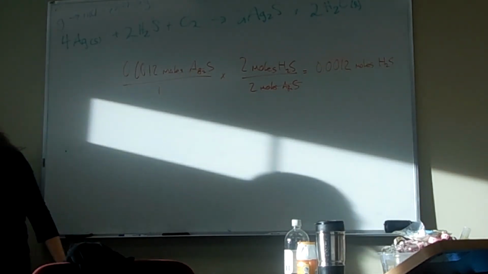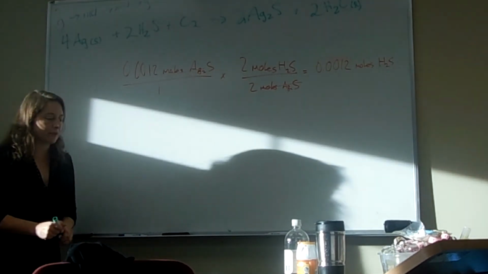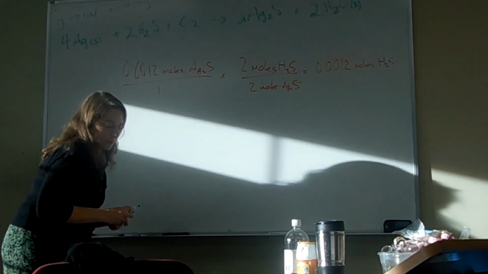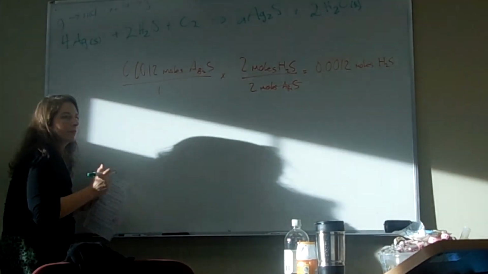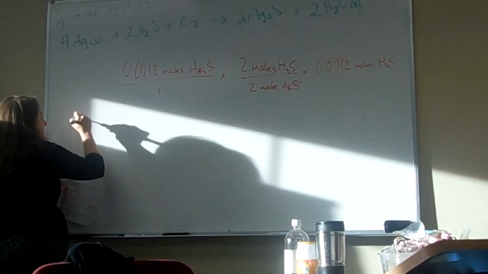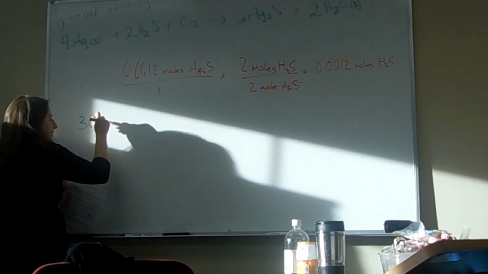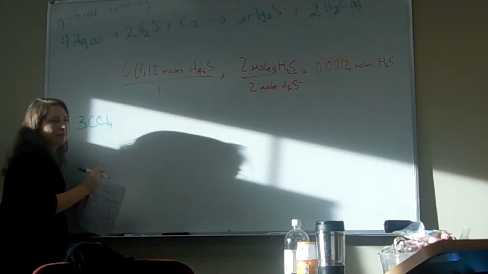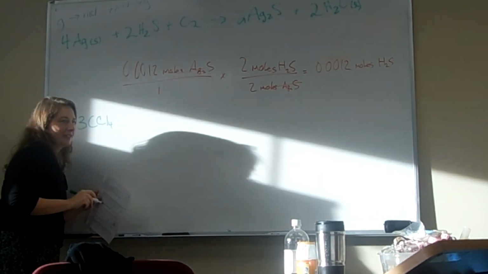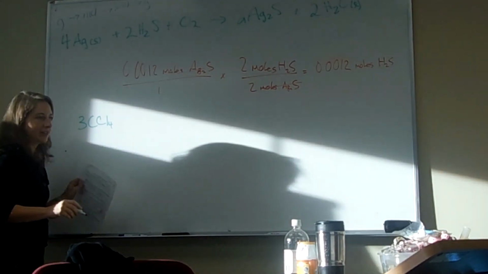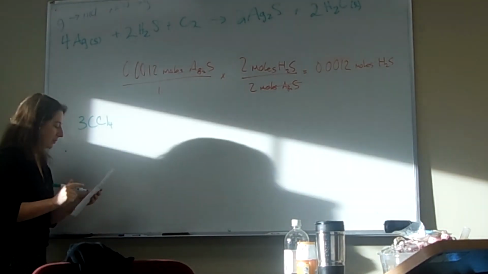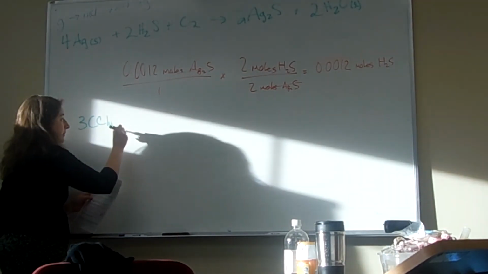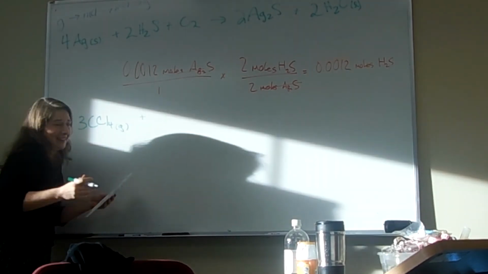It's covalent because carbon is a nonmetal and chlorine is a nonmetal. So it's carbon, chlorine, tetrachloride. Yep. So carbon tetrachloride, major cancer-causing, horrible chemical, but great solvent.